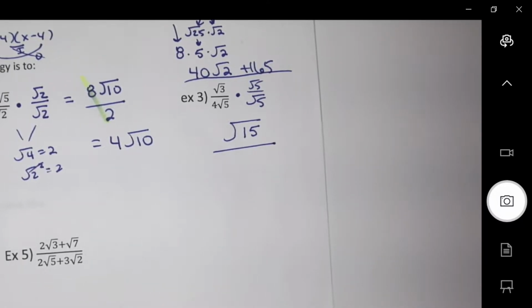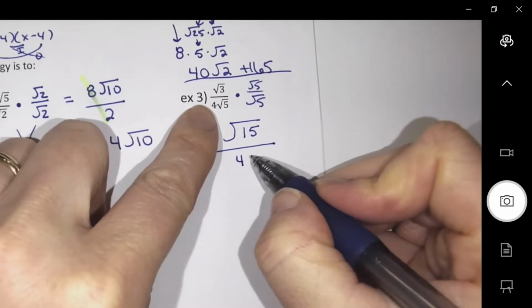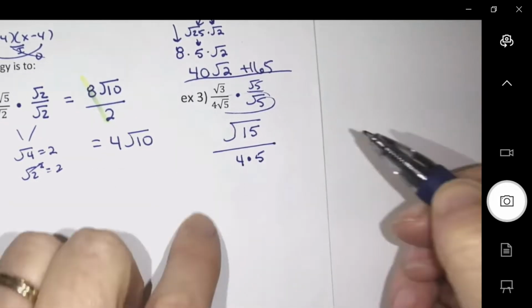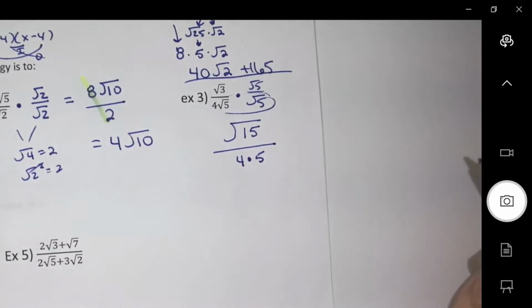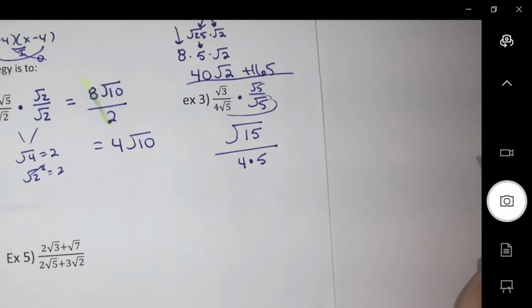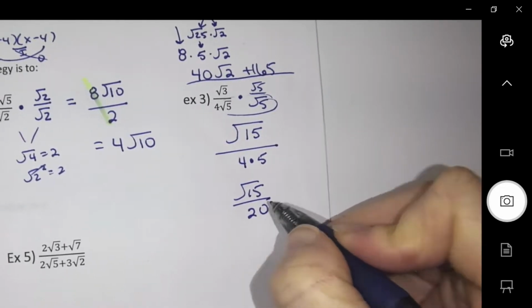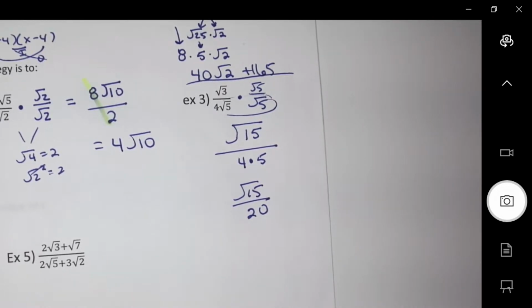What is the bottom going to be? 4 times, and then the root 5 is whole number 5. Okay, and look at my final answer. Whenever I'm at the end here, I don't have a radical anymore in the bottom. Okay, that was always our goal.